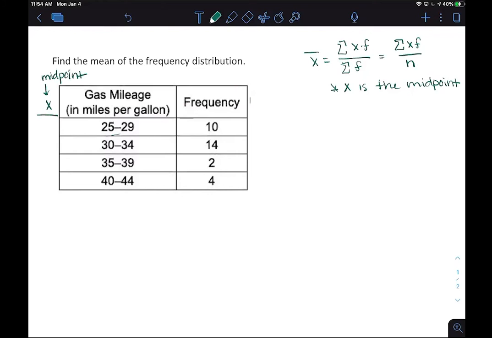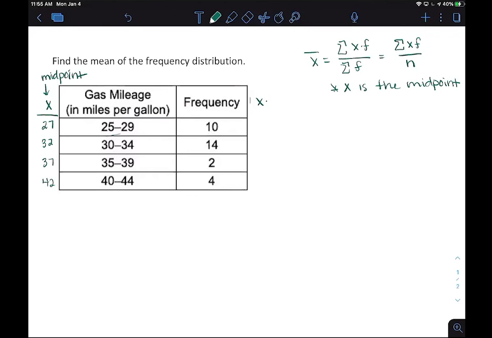So if we want to find the midpoint for these, remember, you're going to add 25 plus 29 and divide by 2. So we get 27. Do the same thing for each of these. We get 32, 37, and 42. And then multiply.